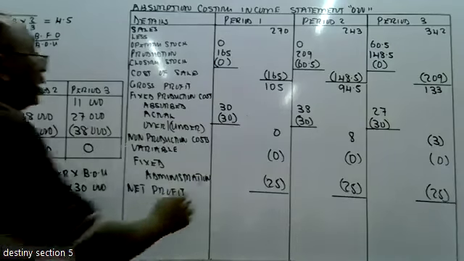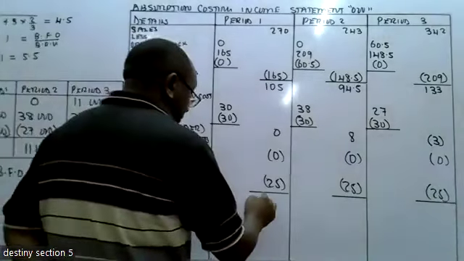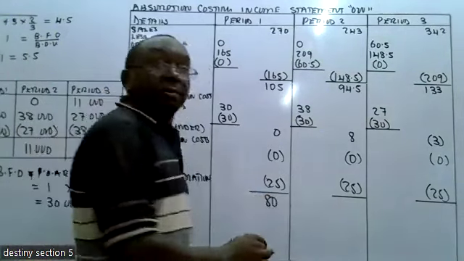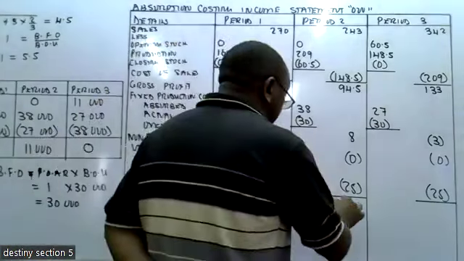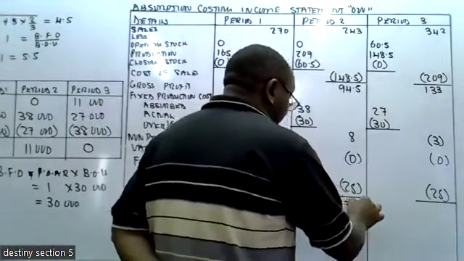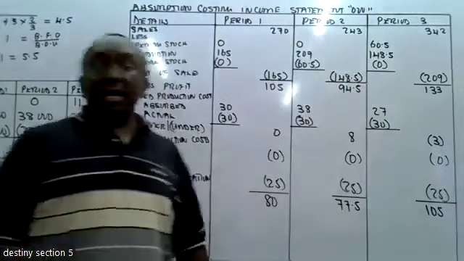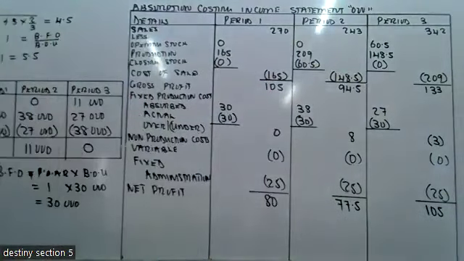Haya. Hapa umepata? 8, the next one? 7.5. Then 5. So you underline that. That's the end of that statement.